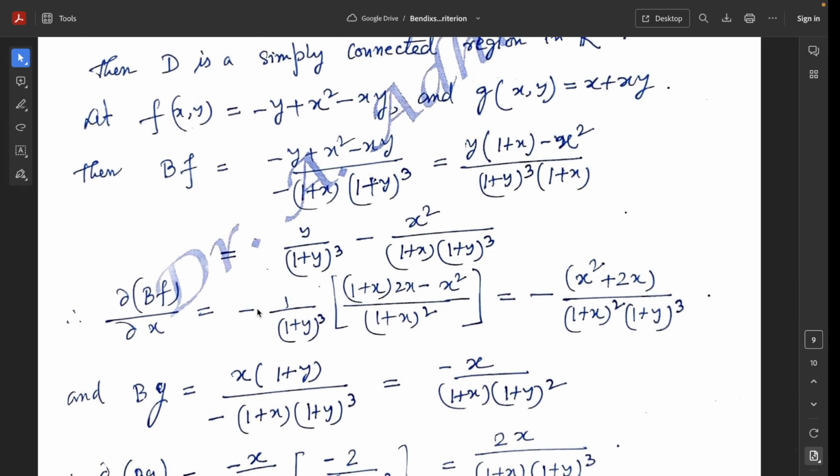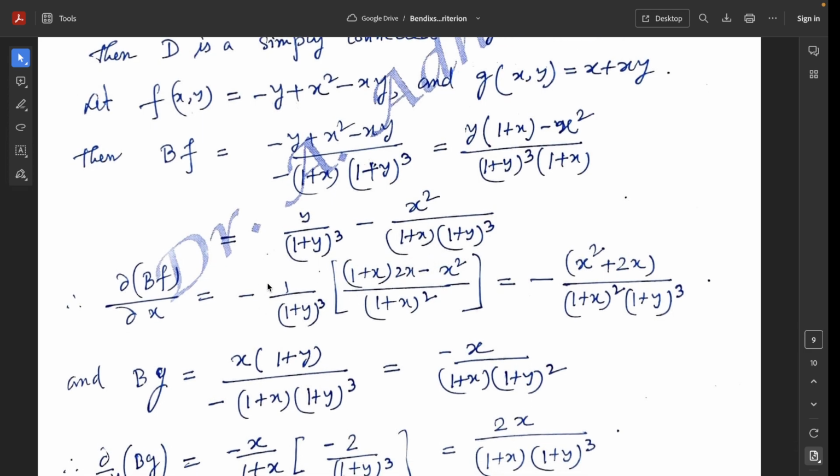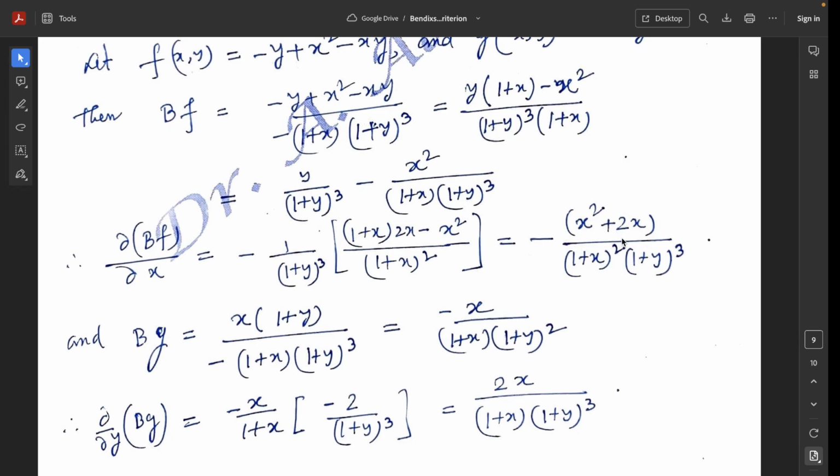Then del x of Bf. Obviously, this first quantity is free from x, so from this term we get 0, and from this term, 1 by (1 plus y) whole cube is a constant term, minus of this, and with 1 plus x into 2x minus x square, we get this quantity.